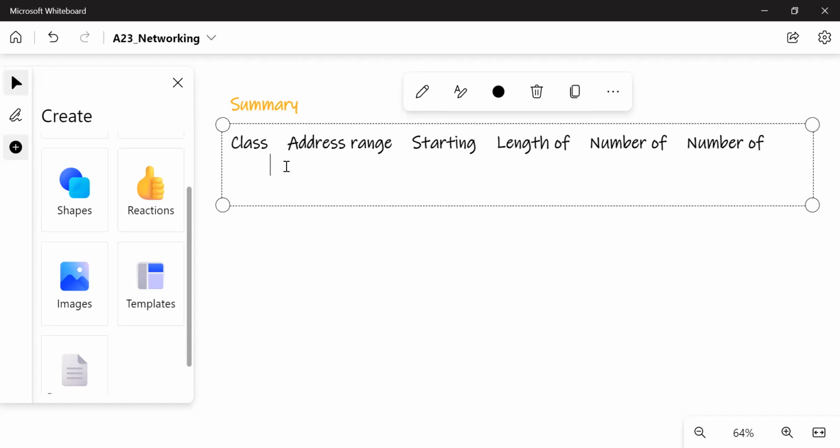So we will have class, address range, and then the starting bits. Since the spacing is not enough, I'm going to use some spaces.